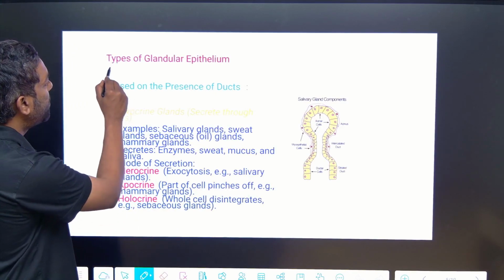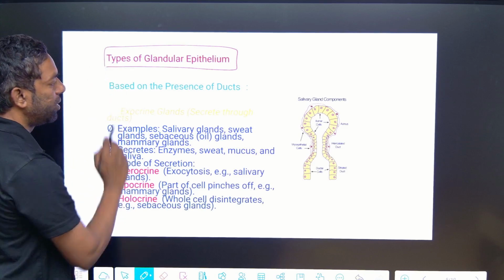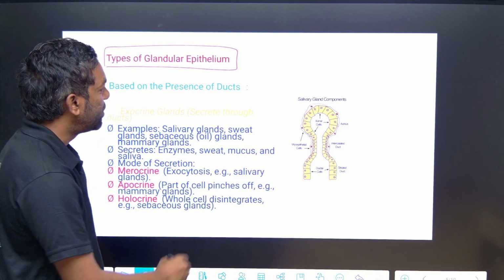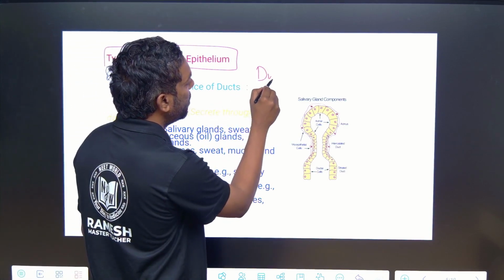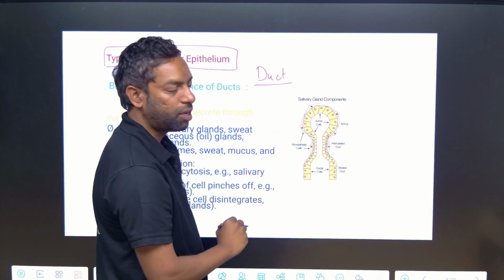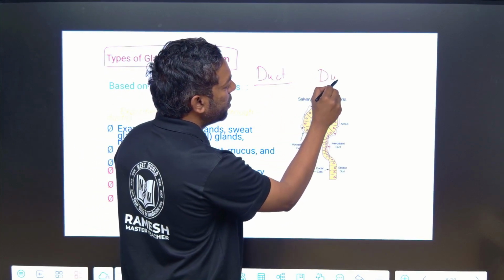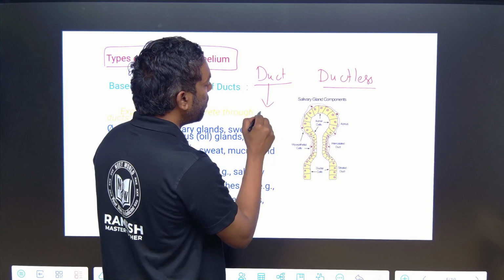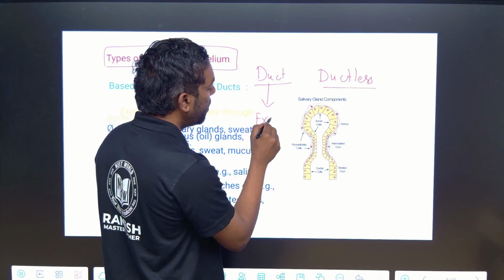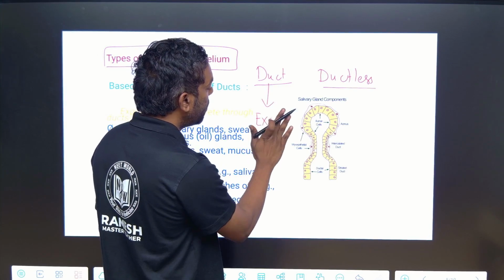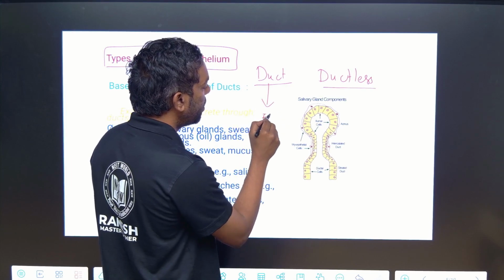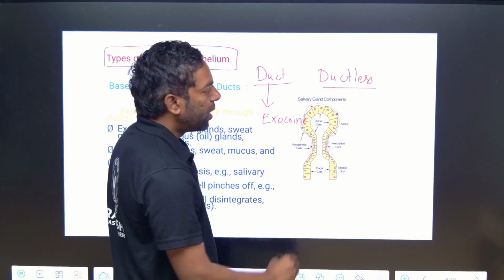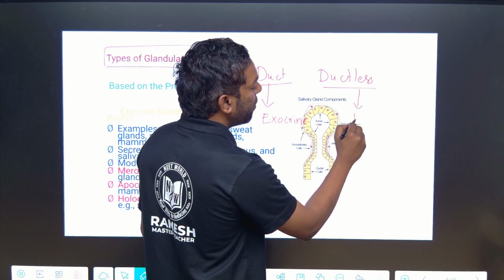Types of glandular epithelial cells based on structure, single cell or multicell. Some have ducts, some are ductless. Those with ducts we call exocrine, and ductless we call endocrine.